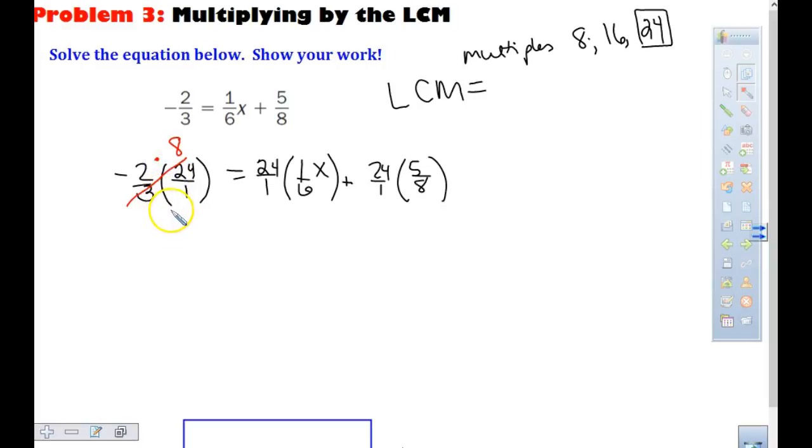So if I'm multiplying that, I'm going to write what, Brett? I'm taking what here to multiply? 8 times negative 2, right? So when I think of that, what am I going to have? Negative 2 times 8 gives us negative 16.